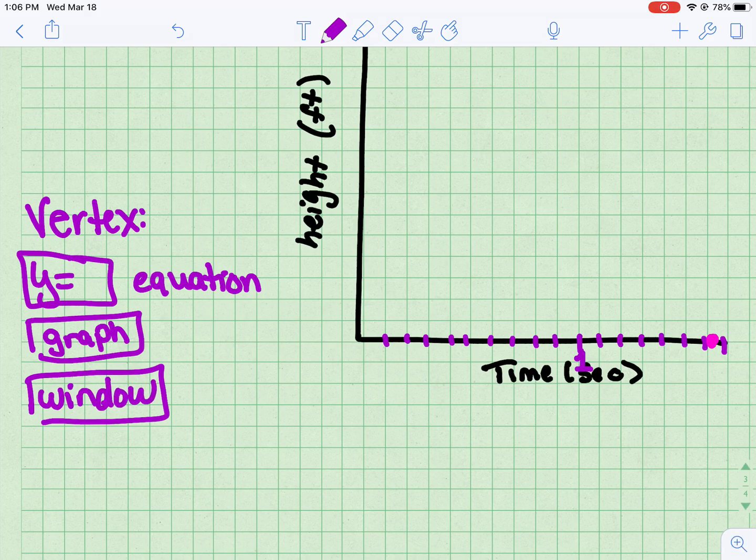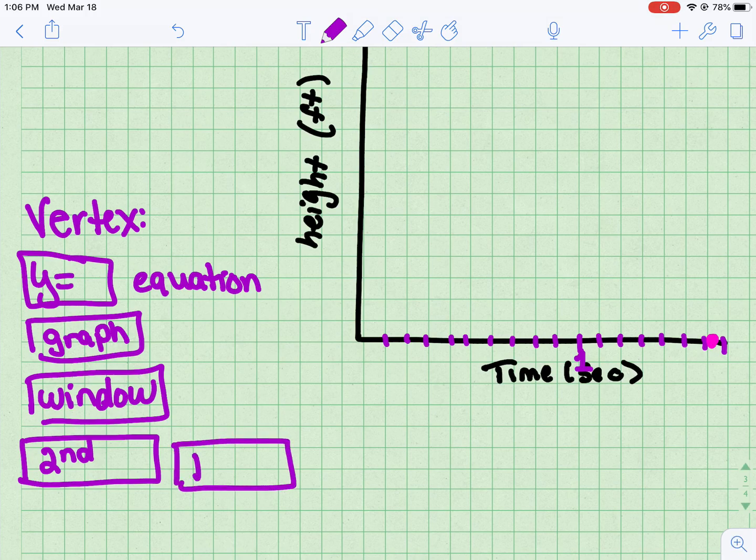I will give you a hint. After you fix your window, you can go to second. And you need to fix your window so you can see the vertex. If you can't see the vertex, you can't do this next part. You're going to go to second trace. You're going to look at the calc menu, and most of you know how to do this, and we're going to do number 4, max.